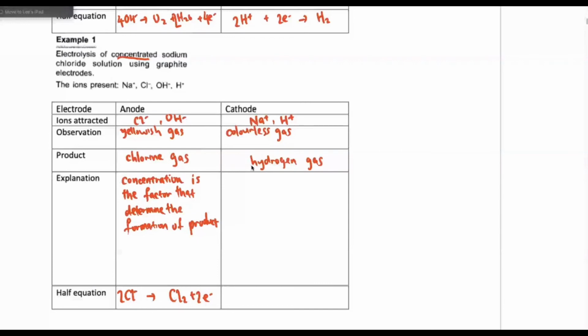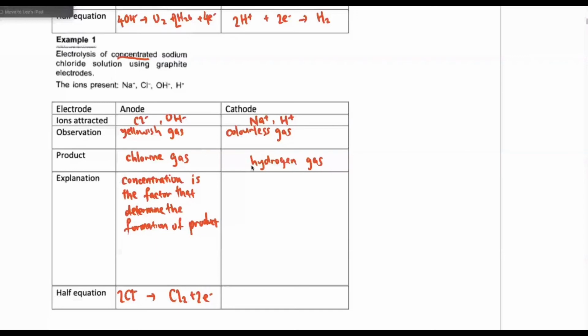Example again: electrolysis of concentrated copper(II) sulfate solution using graphite electrodes. So we have copper, sulfate, hydroxide, hydrogen ions. The anode will attract the anions.